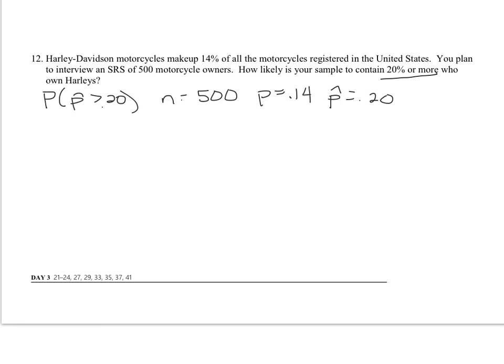So now we have to identify what P is. Let P equal the true proportion of motorcycle owners who own Harleys.